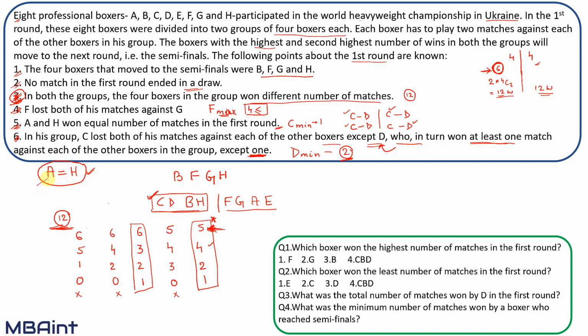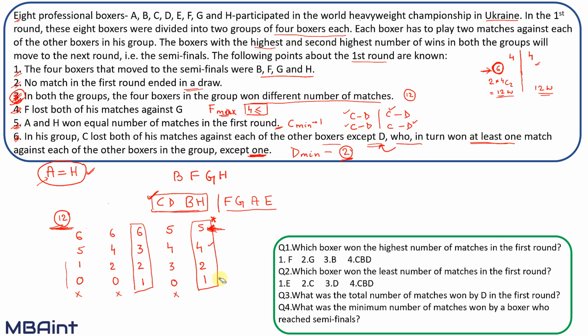So it means that A is at the 3rd or 4th position. But we can see that at the 3rd and 4th positions we do not have a case in which either 5 or 4 is there. So definitely this combination for CDBH will not be considered. So we have this one.